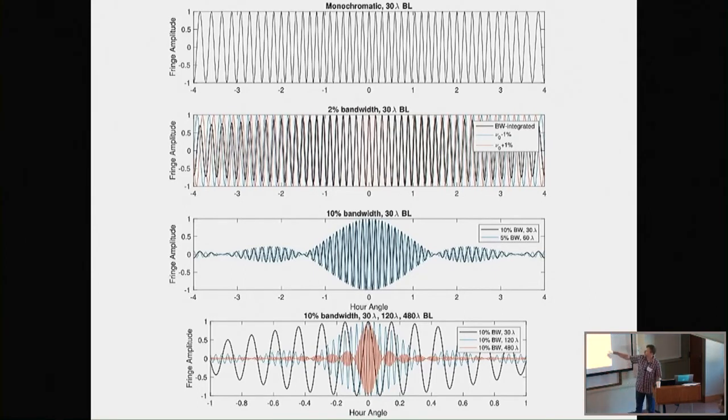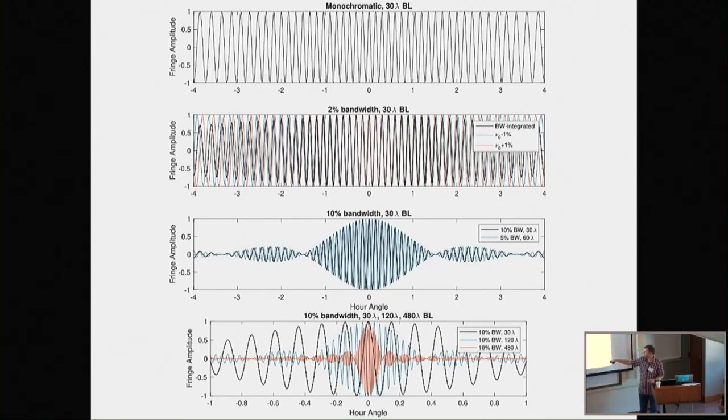And in fact, if you consider a 10% bandwidth at 30 wavelengths or a 5% bandwidth at 60 wavelengths, because it's the product of the D and the fractional bandwidth, you can see that you get this sinc envelope suppressing the fringe pattern quite dramatically, and so you'd only be able to see your signal near transit.